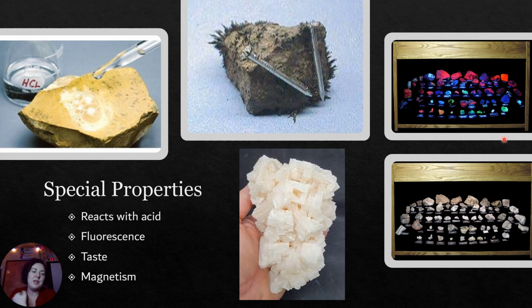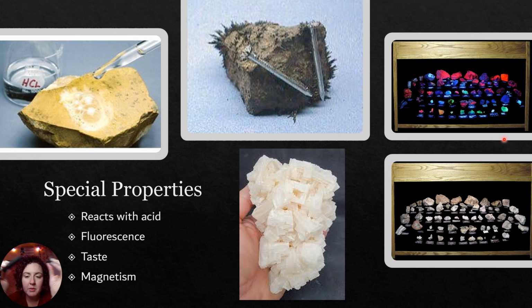Finally, special properties. So special properties will be coming around and kind of showing you some of these. So this is a simple magnet. And what you can honestly do is run it across, where is that one? Here it is. Okay, so you will be able to actually see the magnetic.